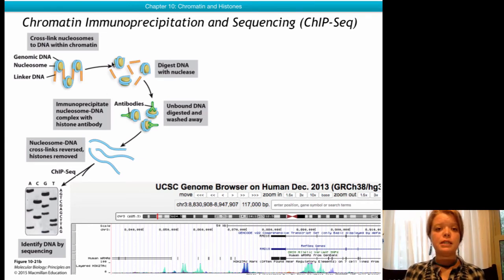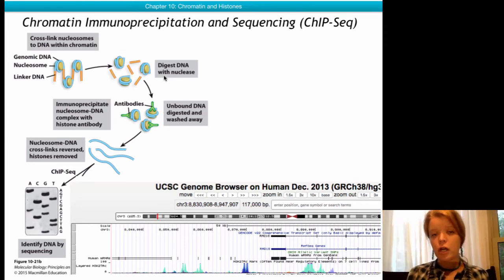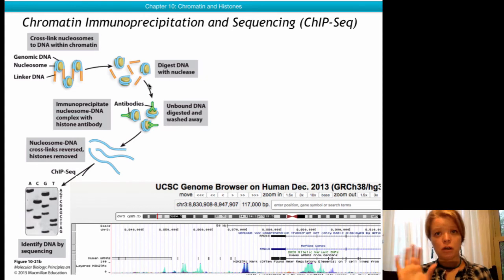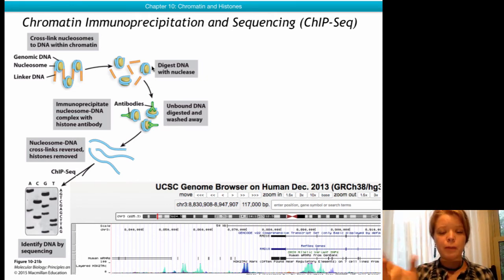So we take the DNA from the cell or tissue of our interest, and we digest it with nucleases that will remove the linker regions and only leave the nucleosomes, which contain about 147 up to 200 base pairs wound onto the nucleosome. Then we incubate all of these different nucleosomes with the antibody, and only a few of them will bind.